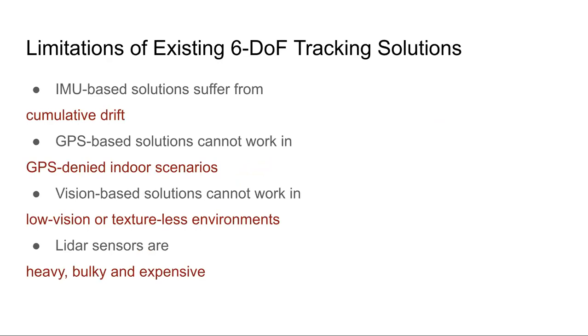Existing 6-degree tracking solutions have some limits. For IMU-based solutions, you already know that we can attach an IMU, an inertial measurement unit, on the drone. It's quite common and quite cheap, and consists of an accelerometer, gyroscope, and magnetometer.